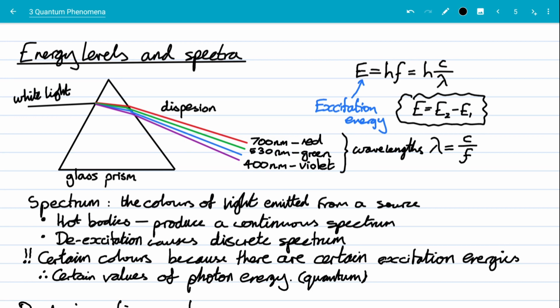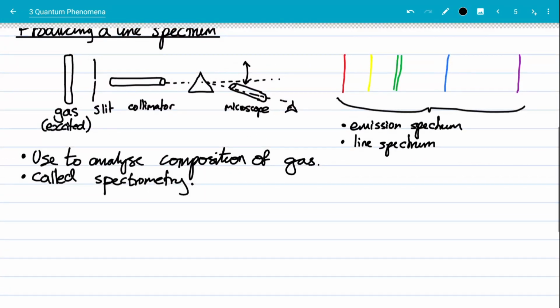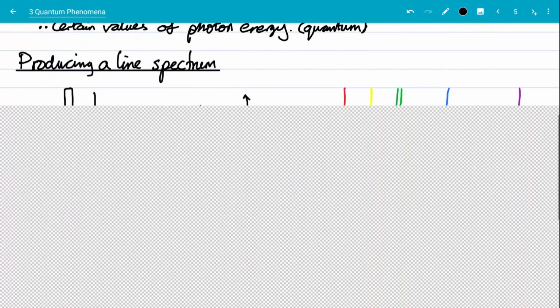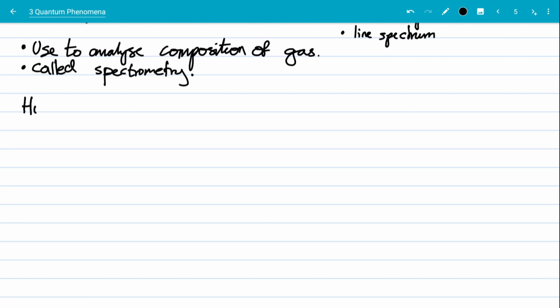We've already talked about the Bohr model of the atom, and we've talked about the hydrogen equation. So you can produce a hydrogen spectrum. So let's just have a look at the hydrogen spectrum.